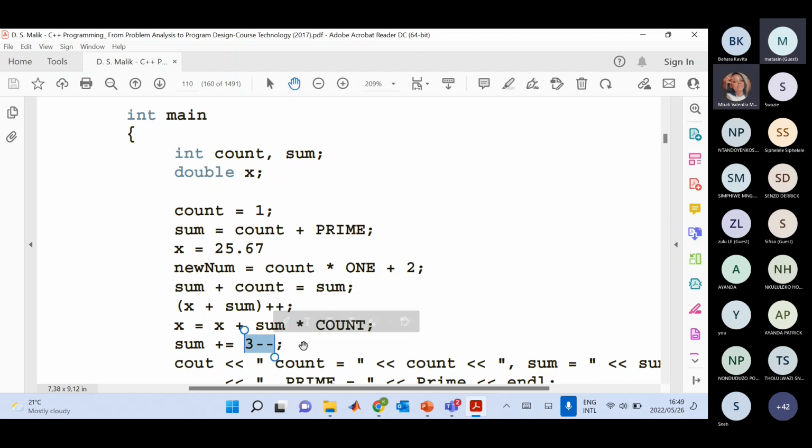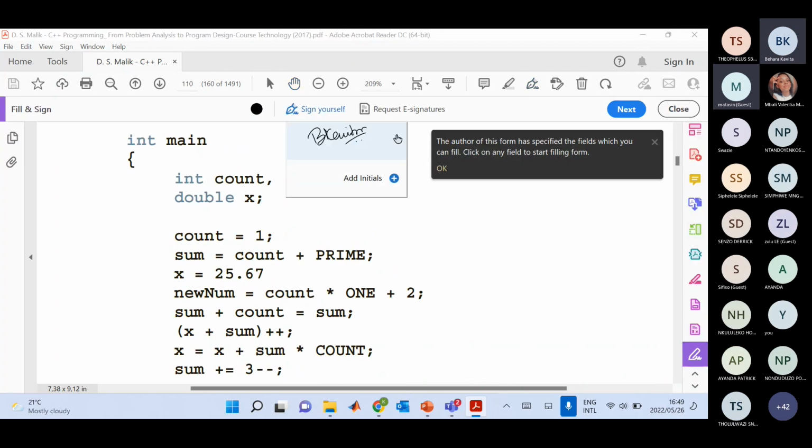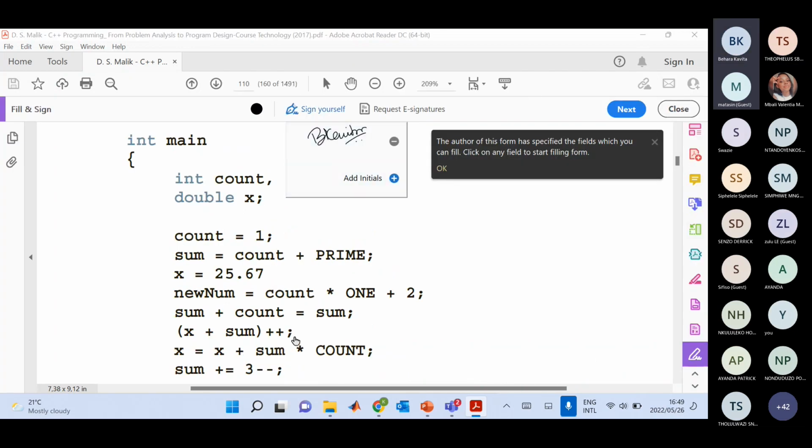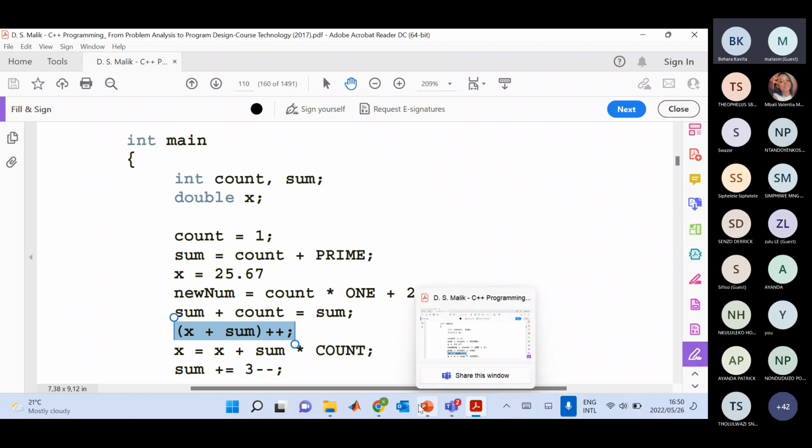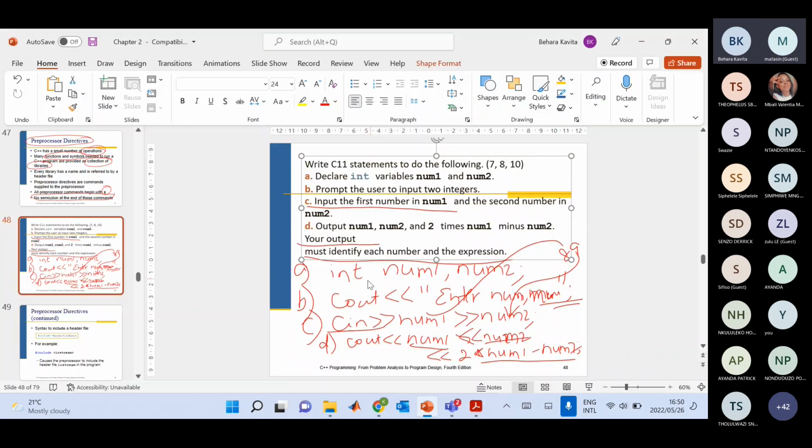Okay. What does it mean? I wanted to type here. It's not allowing me. Okay, let me take this onto the PowerPoint PDF, just emphasizing what it does mean.